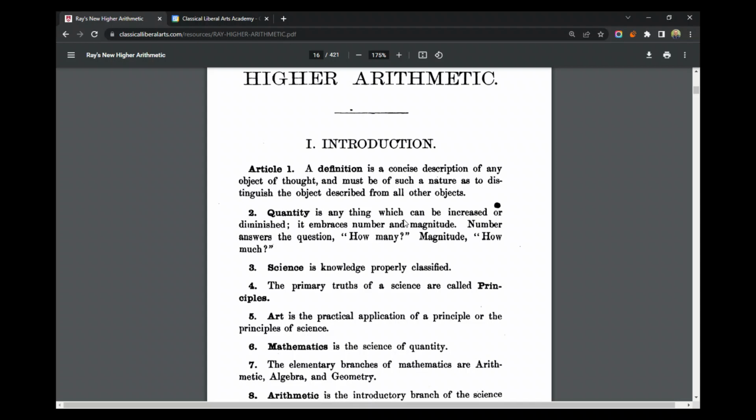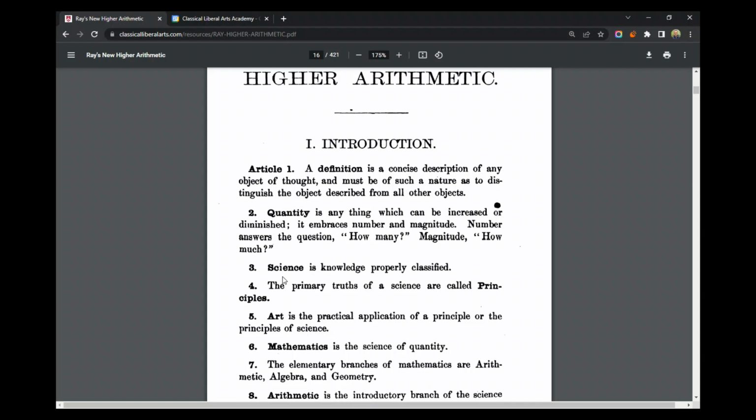Number answers the question, how many? Magnitude answers the question, how much or how great? You should memorize this definition of quantity.